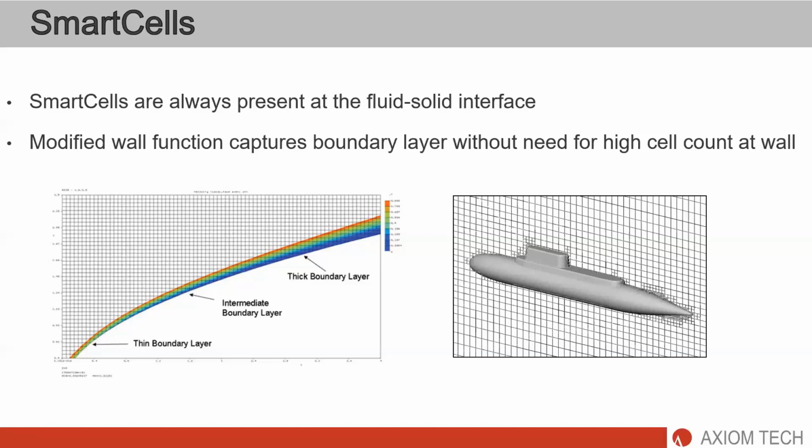Thin and intermediate boundary layers can be the same size or smaller than the grid cell size and still get a physically correct result. Where there are multiple grid cells within the boundary layer, these are treated as thick and use the same technology as conventional CFD to solve the physics.